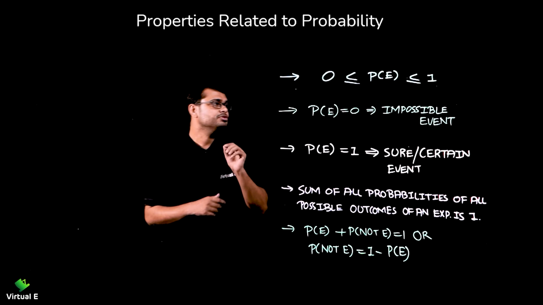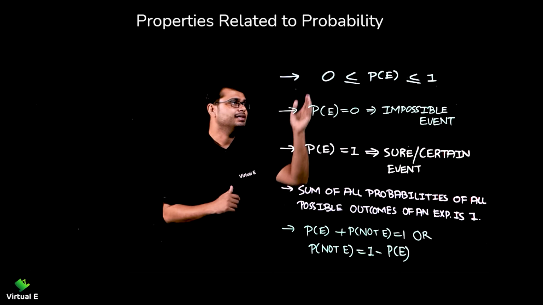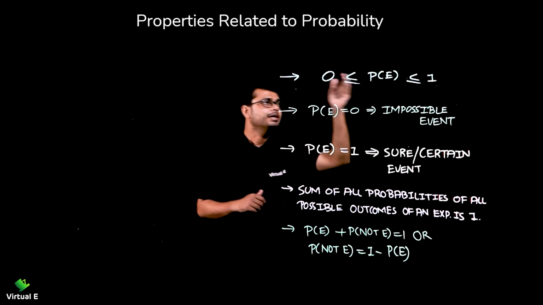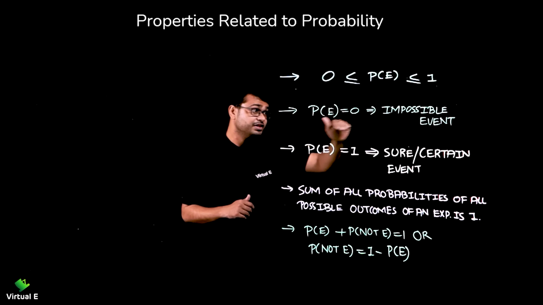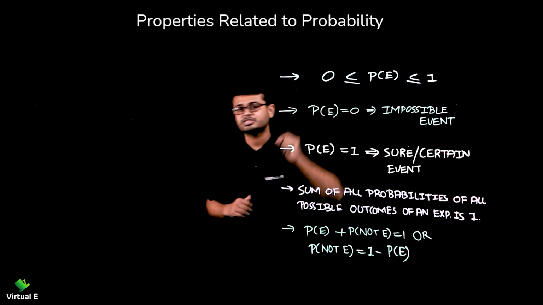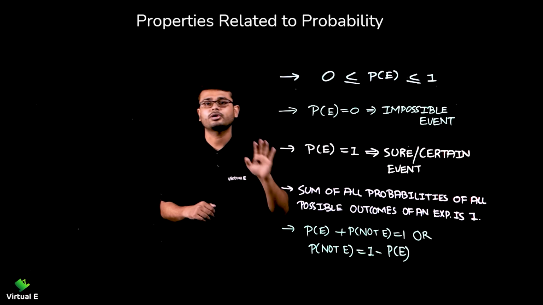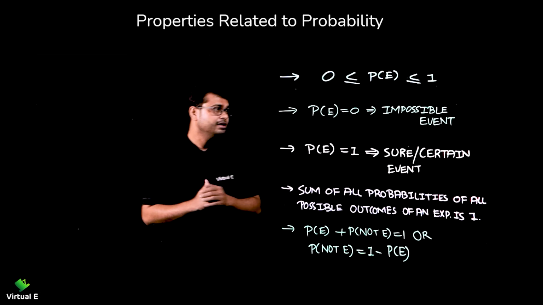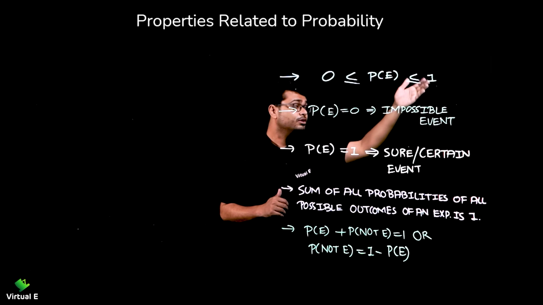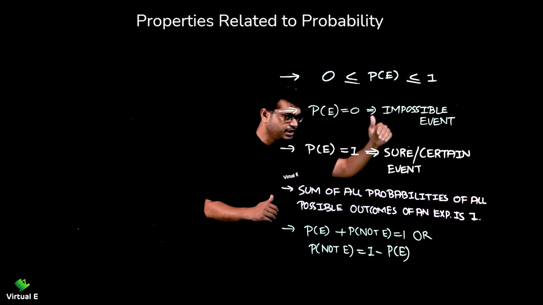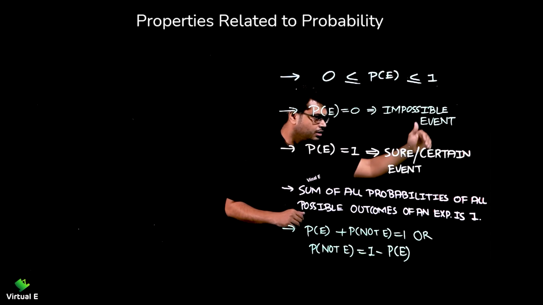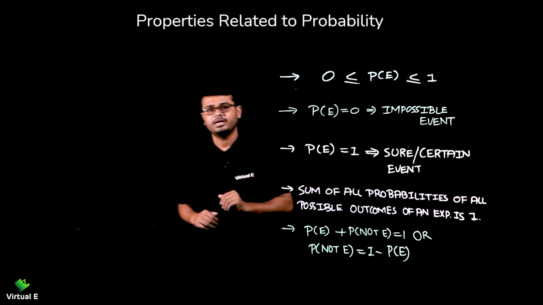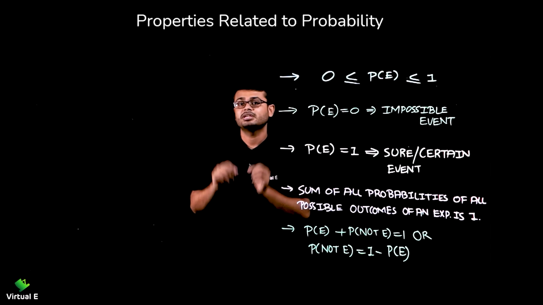The first and most important is that probability lies between 0 and 1. It can be 0 as well. If it is 0, then it is called an impossible event. It means it is not at all going to happen. There is no chance that it is going to happen, right? Next, if probability is equal to 1, it is called a sure or certain event.